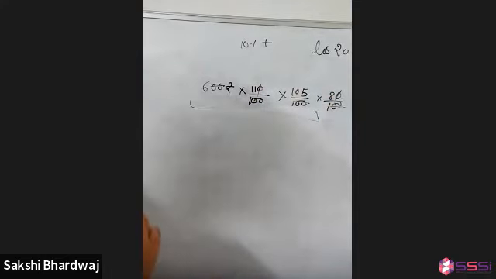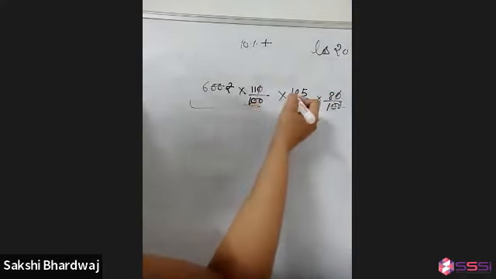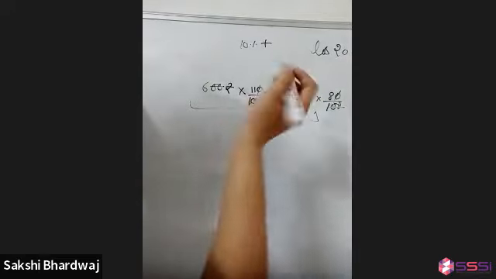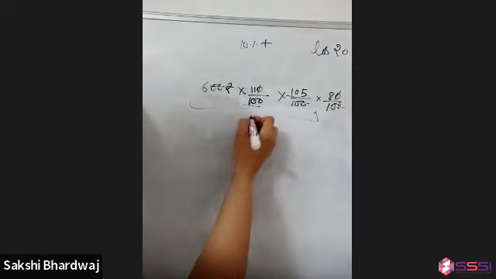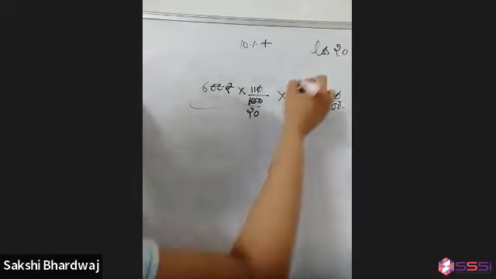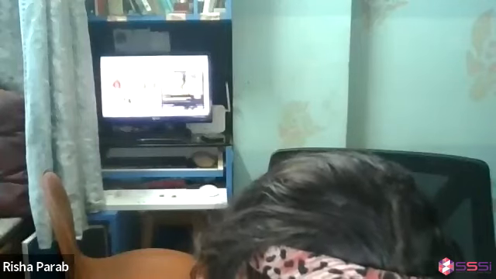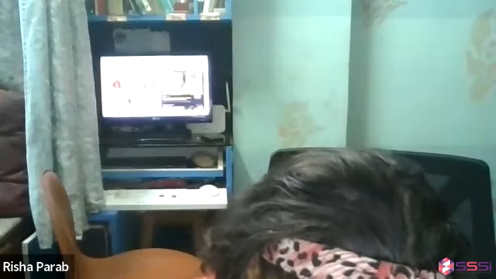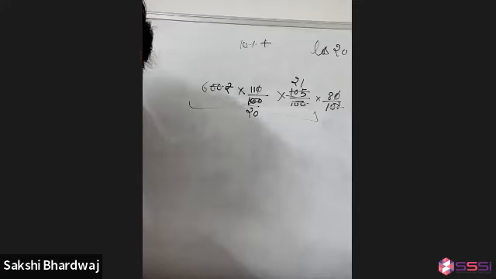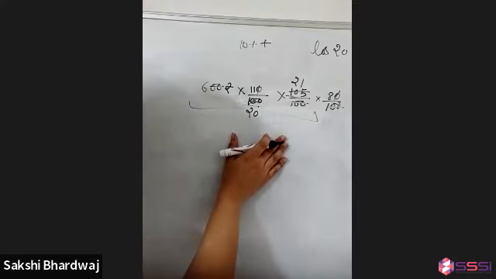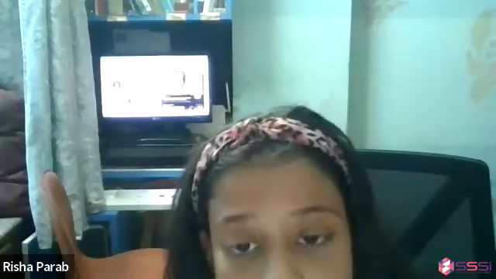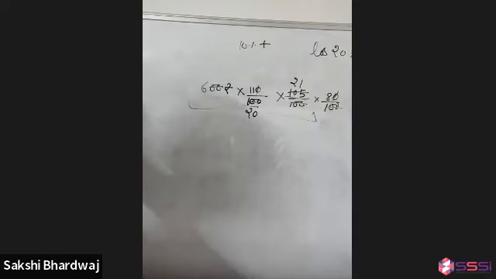After this, 100 and 105, it is always 21 upon 20. 5 twos are 10, 0 2 0, 5 twos are 10, 5 1 0. Okay. Look here. Is it clear till here? You simplified by 5.